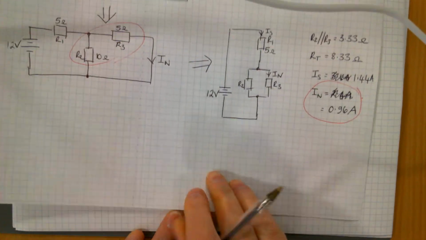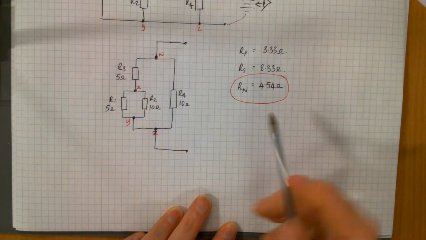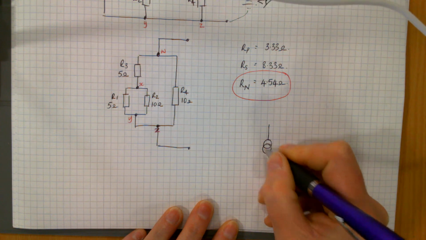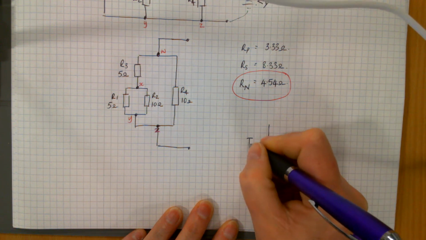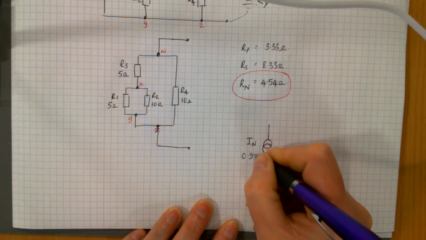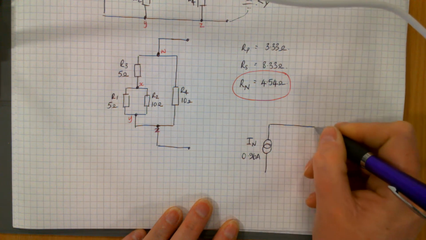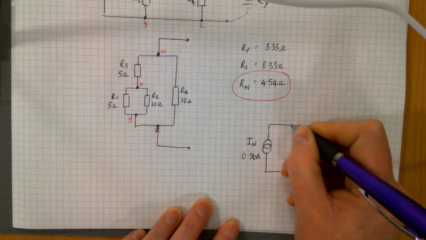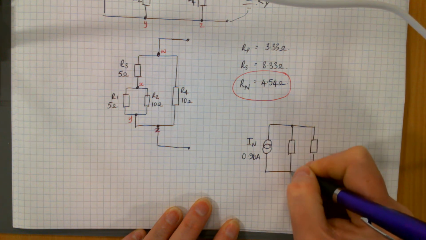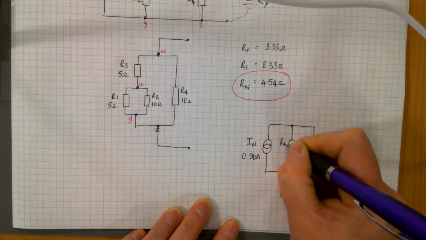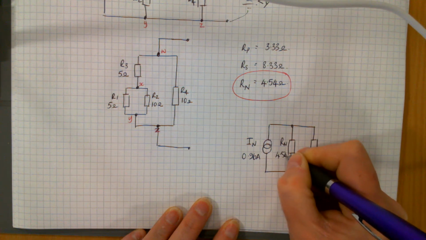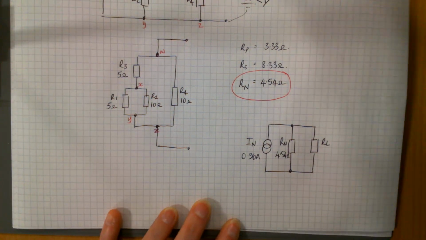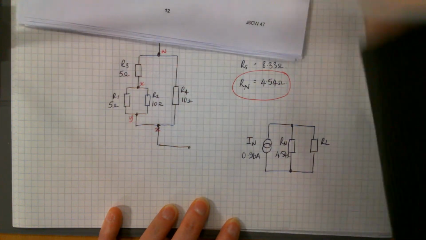So we've got our Norton current from here. We've got our Norton resistance from there. And you're going to draw your Norton equivalent circuit. So that'll be your Rn, that 4.54 you've just worked out. Your RL will be back in your original circuit diagram, 4 ohms.